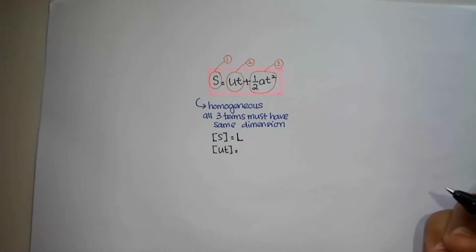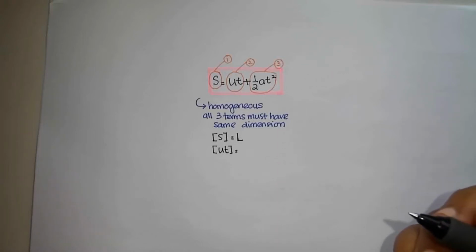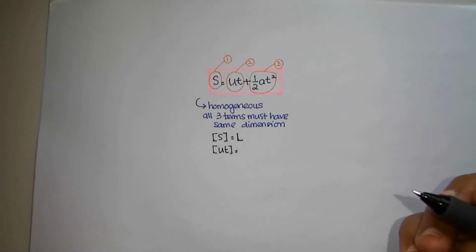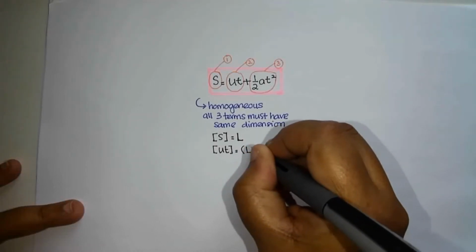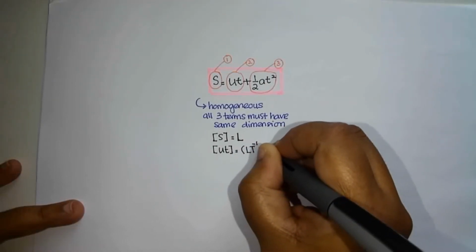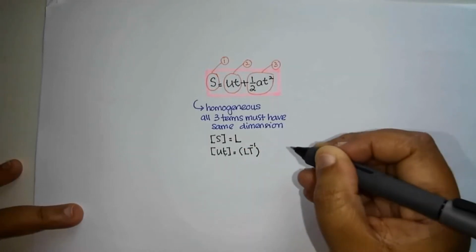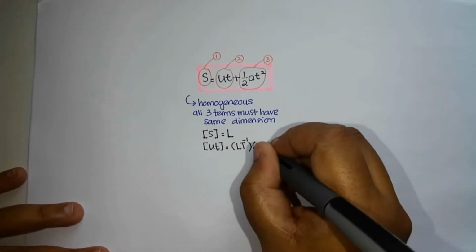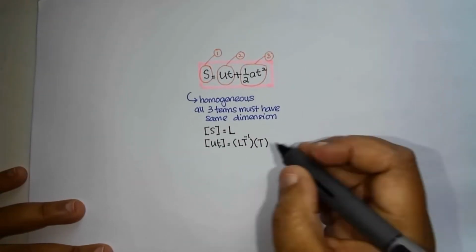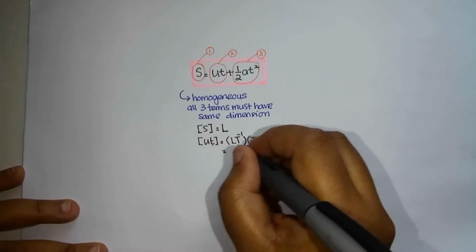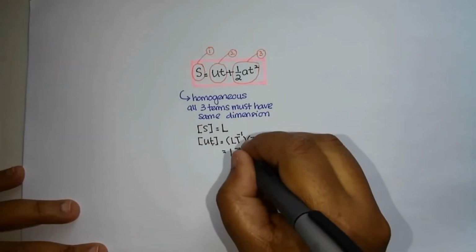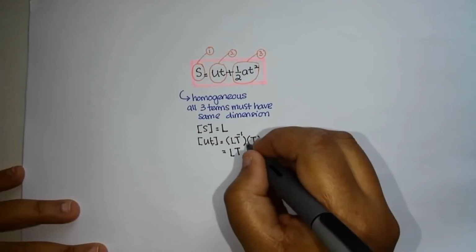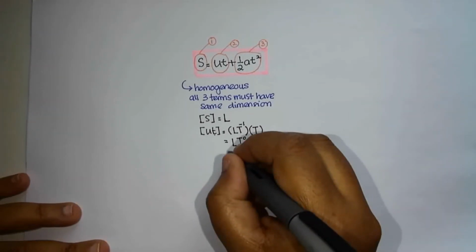U is initial velocity, so its dimension is LT negative 1. The dimension of t is T. So T negative 1 plus 1 gives T0, and we get L.